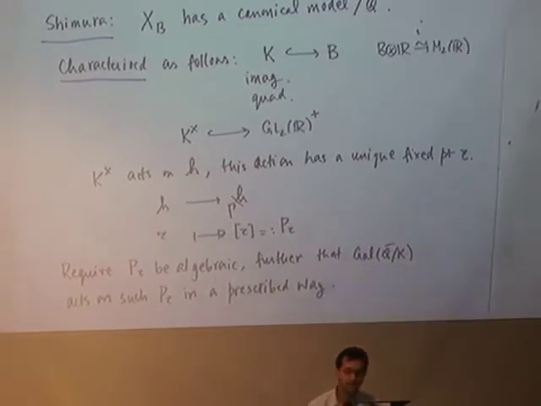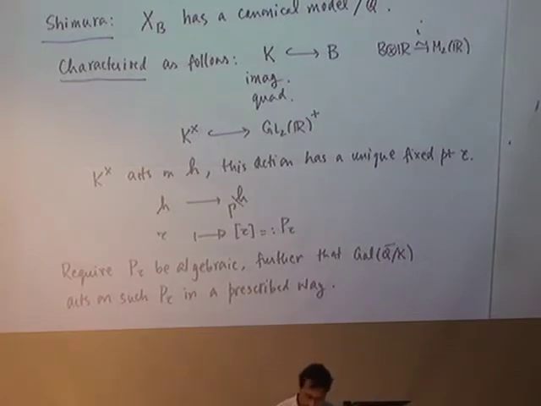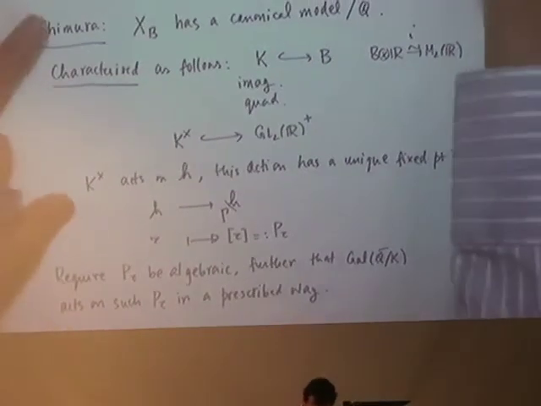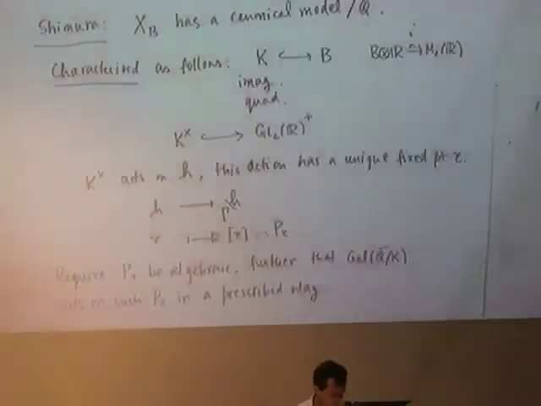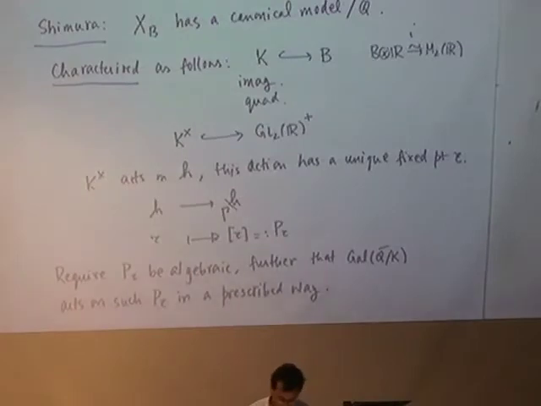This action has the whole theory of complex multiplication written into it. So all I want to say is that there is a canonical model defined over Q, and Shimura showed that such a thing exists, and it's characterized by this property. Is that okay?